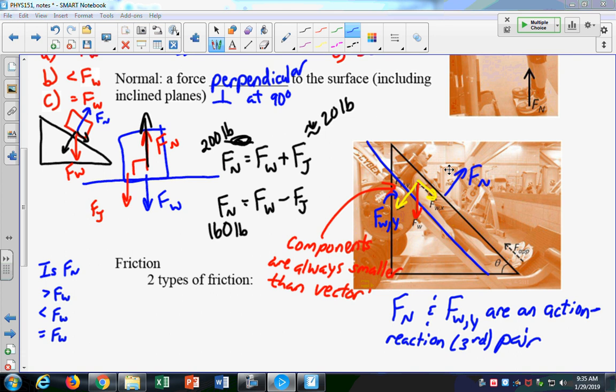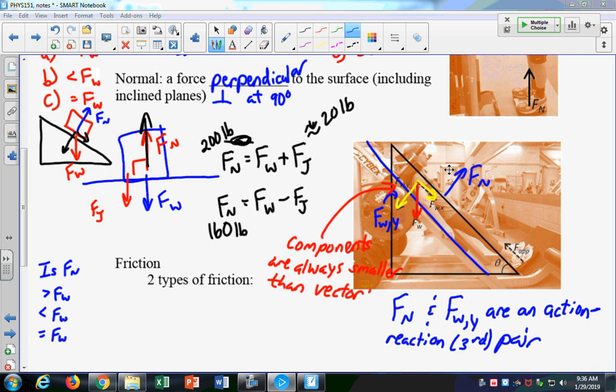Because they're an action-reaction pair, they have to be equal in magnitude, opposite in direction, but equal in magnitude. So that means FN is equal to the negative of FWY. And since FWY is smaller than FW because it's a component, the normal force in this case is less than the weight.